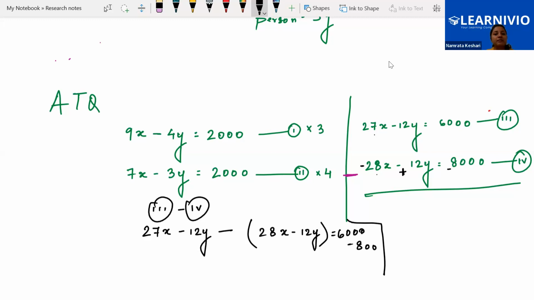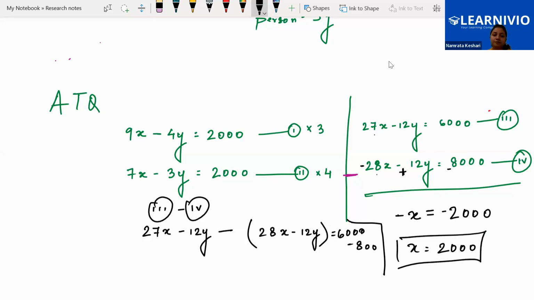So 27x minus 28x is minus x, equals to what? Minus 2000. Minus 2000, so x value is 2000. Let's find the y value.